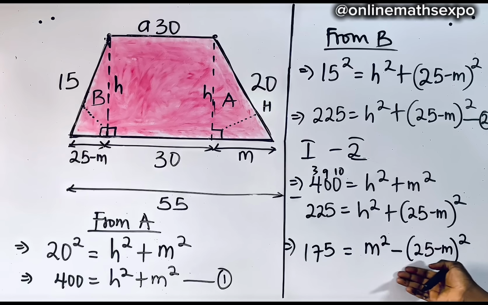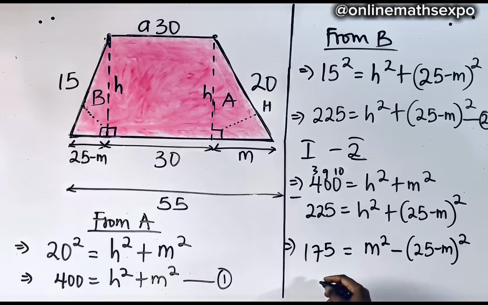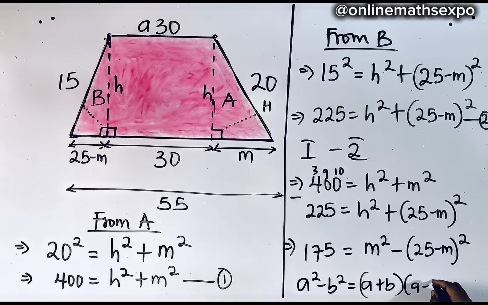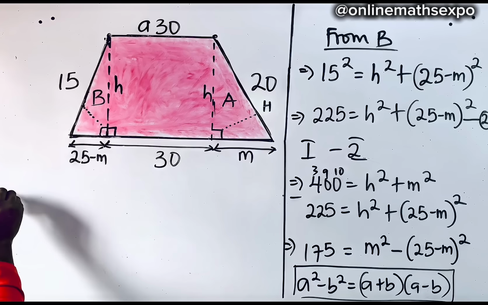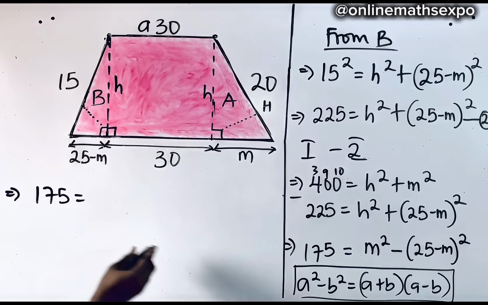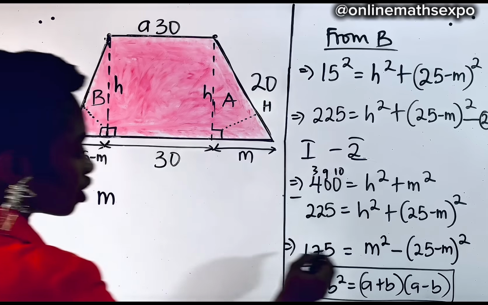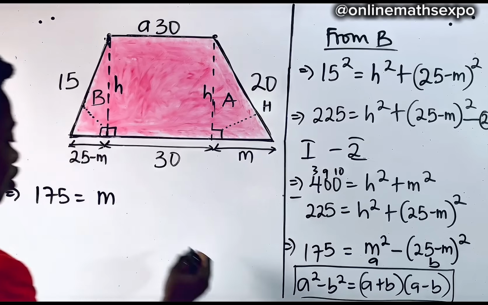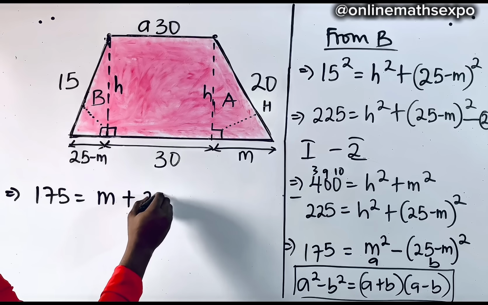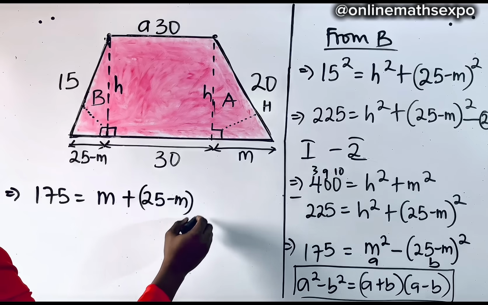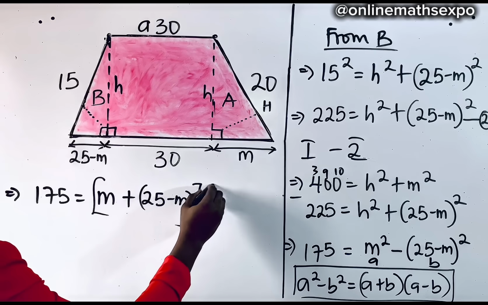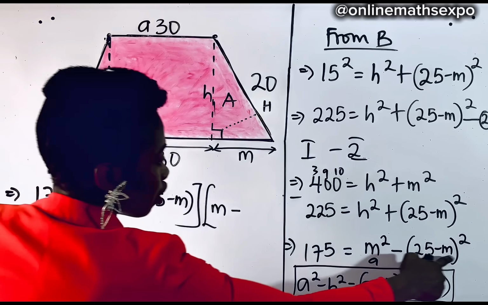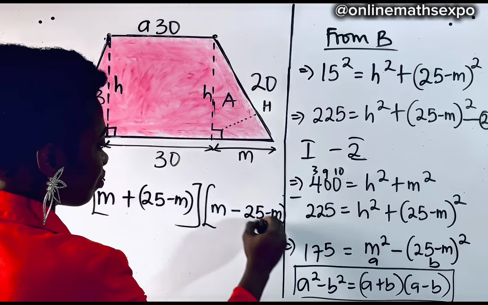Now, at this point, we can easily use our difference of two squares. For every a squared minus b squared, it's always (a plus b) times (a minus b). Let's apply this to simplify the right side. From here, 175 equals, with m as our a and the whole of this as b, (m plus 25 minus m) times (m minus (25 minus m)).